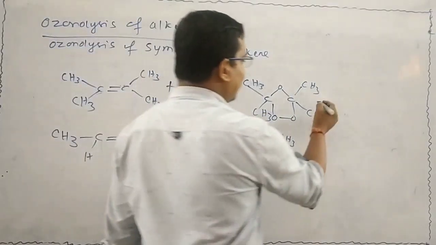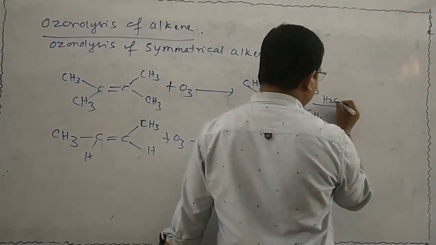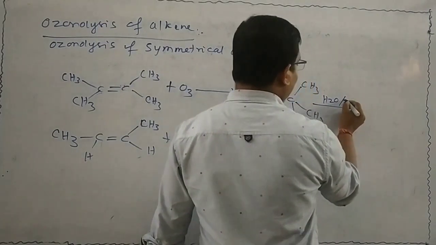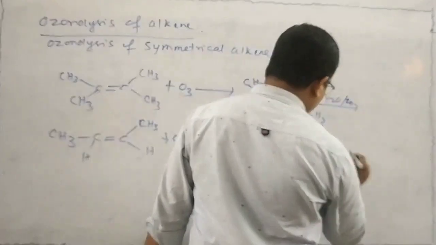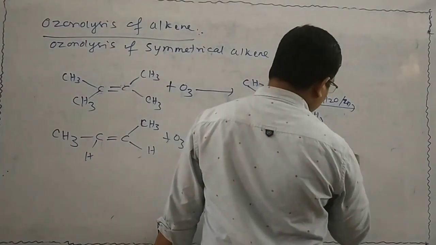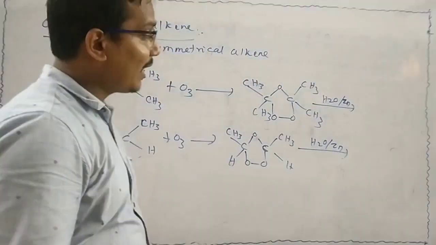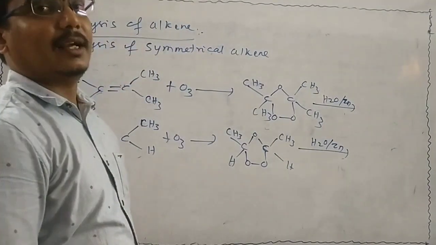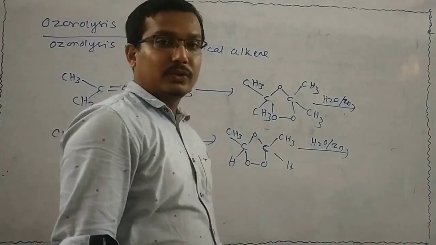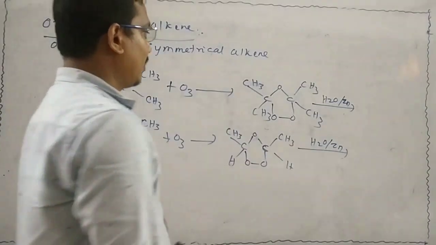Then when it is treated with water in the presence of zinc, this ozonide compound undergoes breakdown. Water. Then there is also a trick. What products are obtained? How can I easily write the reaction?